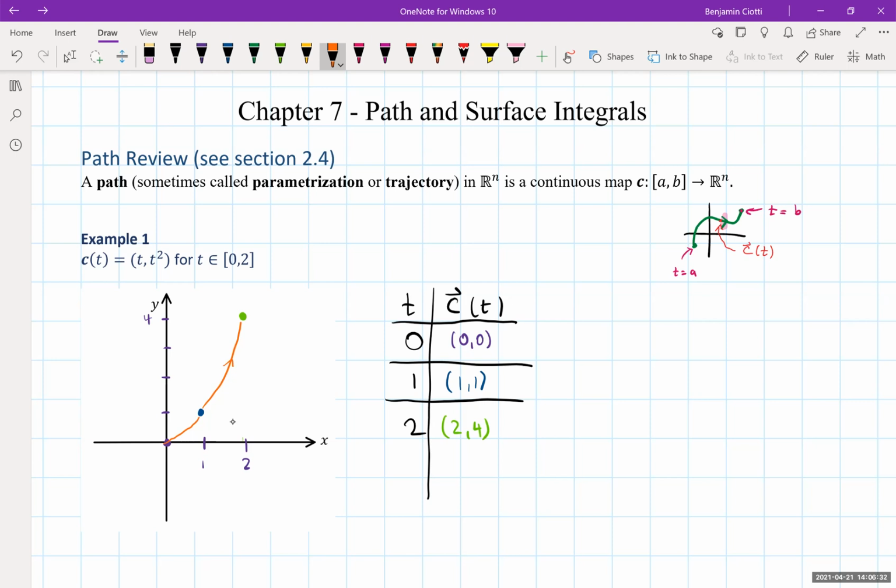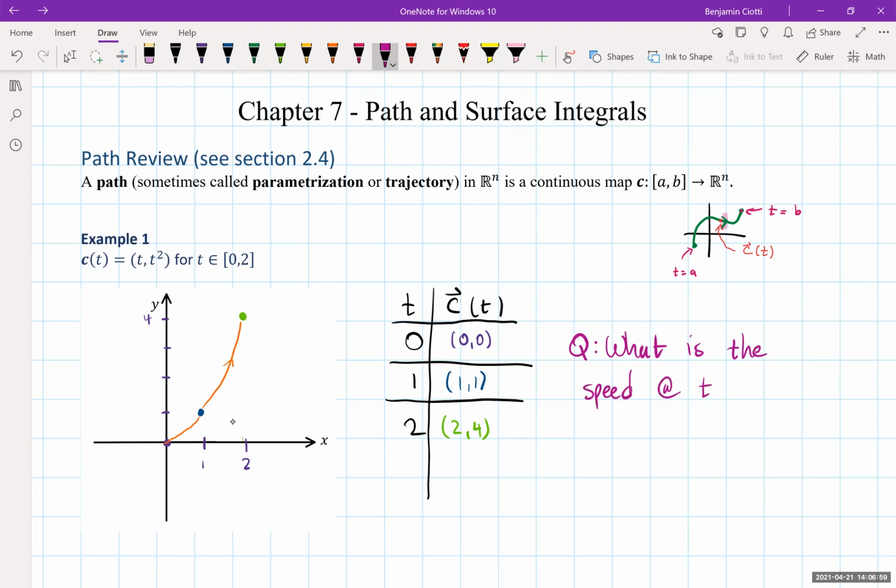What about the speed of this trajectory? You can think of the trajectory as describing motion through time. At each point, you're moving, so you can say what your speed is. Someone tell me, what's the speed along this trajectory?